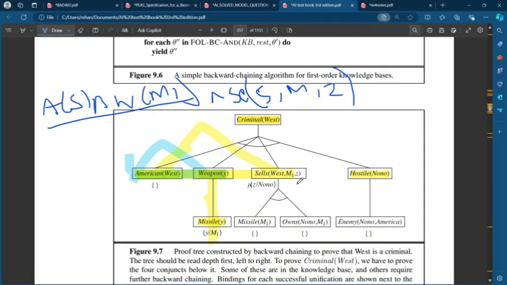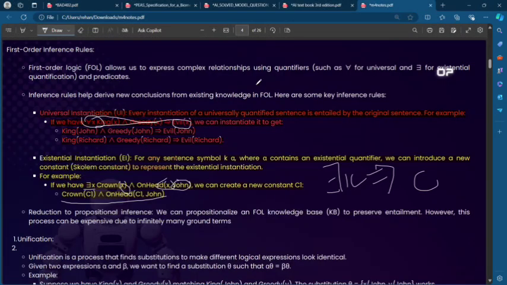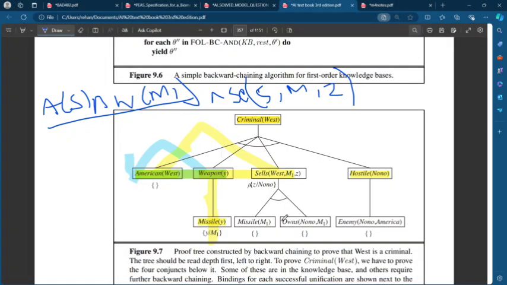For this Z, in the question they have given country E, right? So a country E should be an enemy of America. So the hostile country here we are deriving is, just write E type thing.